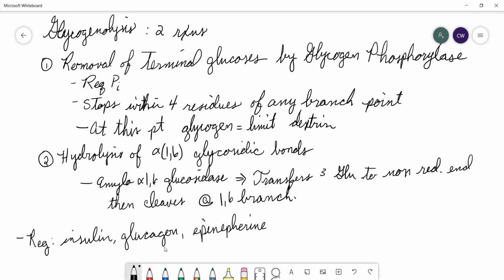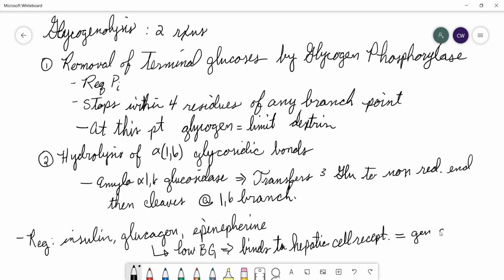Which then binds to the receptors on the liver cells, okay? And that upregulates the generation of cyclic adenosine monophosphate, okay? Which activates glycogen phosphorylase.